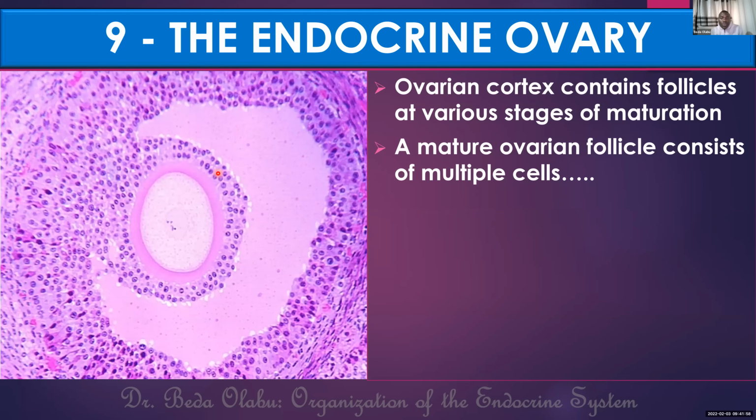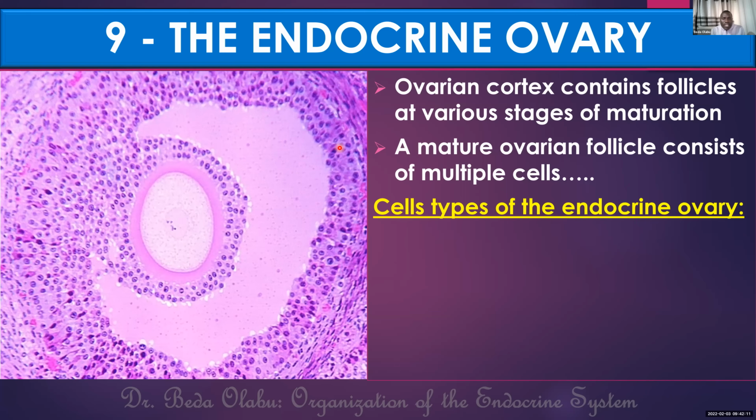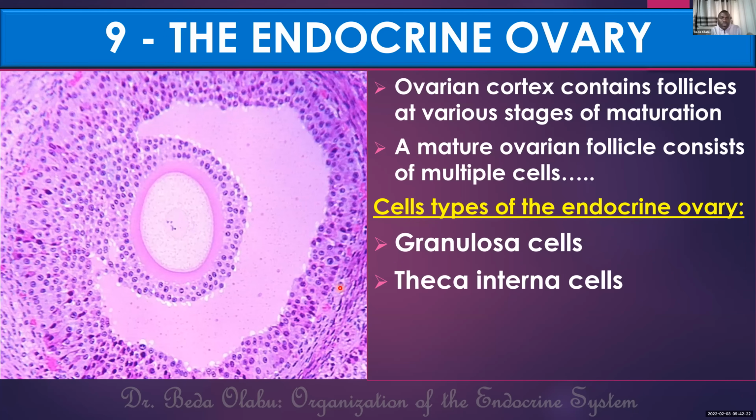Those ones go after ovulation, and these ones remain. Now, which cells constitute the endocrine ovary? We have the granulosa cells, these ones. And you have the thecal internal cells, these ones. Those are the cells that we have before ovulation.